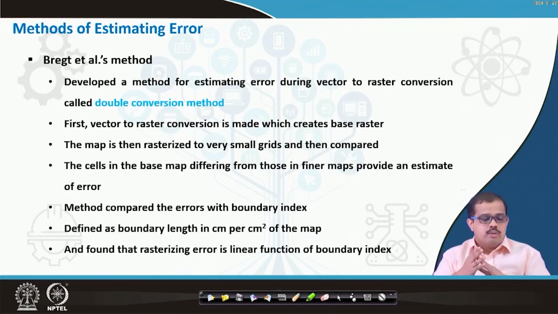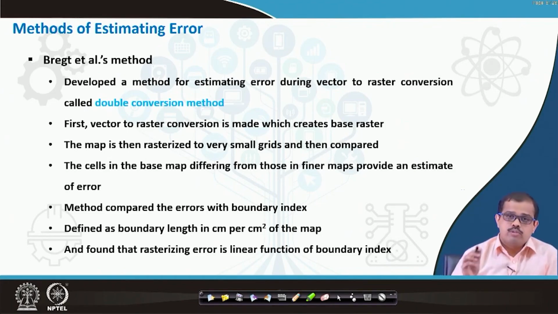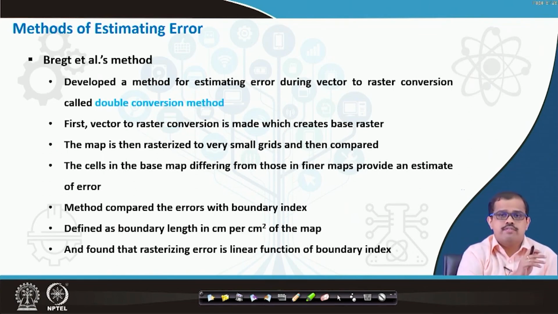Now, when we compare with the base raster, the cells in the base map differ from those in the finer map. That is, in the raster map, the cells defined by the small gridded cells that you have converted from vector to raster provide an estimate of the error.